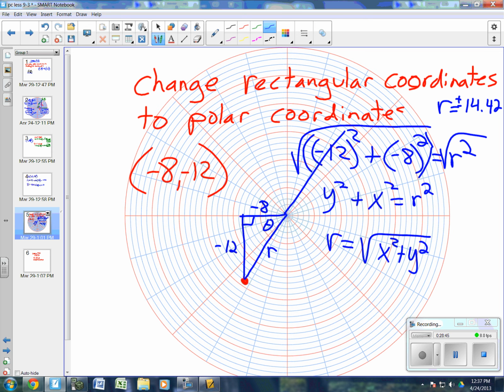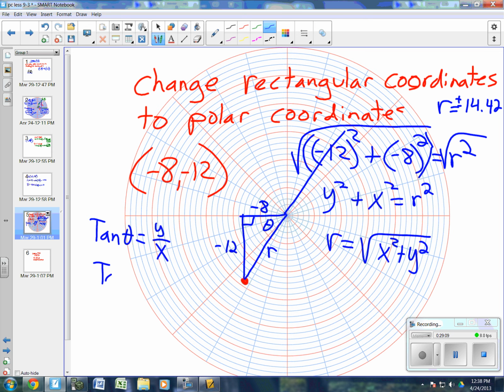Tangent is equal to what? Opposite over adjacent, right? So we all know that tangent of theta is equal to opposite, which is y, over adjacent, which is the x coordinate. Now, I need to solve for theta. How do we get theta by itself? Tangent inverse.